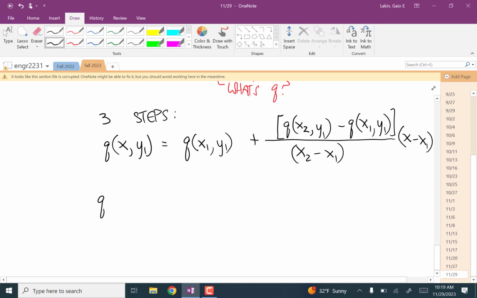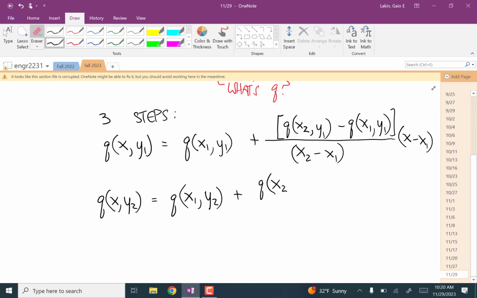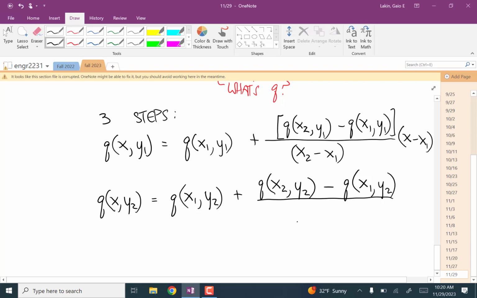Then the second step, we'll calculate q at x, y2 as q at x1, y2 plus q at x2, y2 minus q at x1, y2, divided by x2 minus x1, times x minus x1.